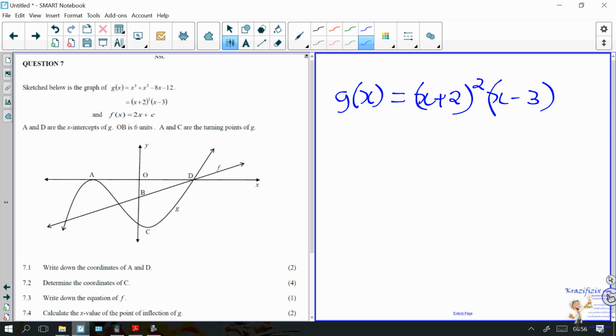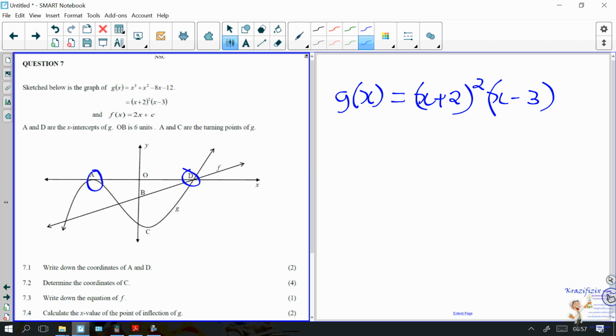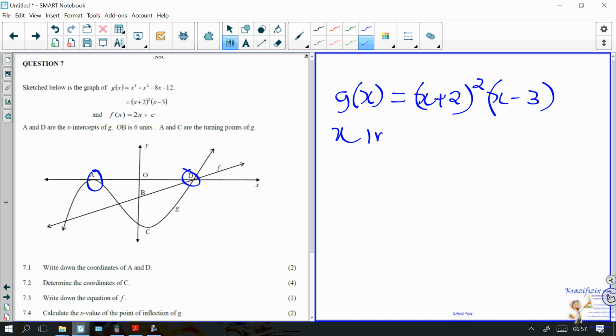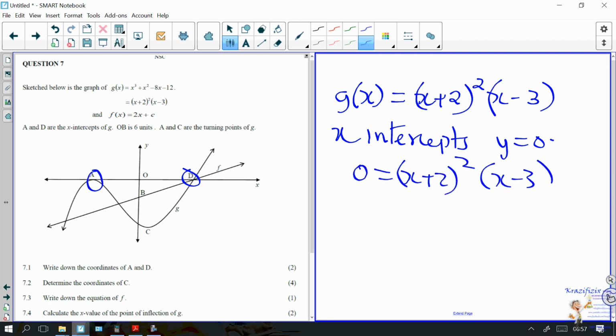Now do you notice A and D are x-intercepts? If I'm looking for x-intercepts, what do I say? My y value must be equal to 0. So 0 equals (x plus 2) squared (x minus 3). So it is either (x plus 2) squared equals 0 or x minus 3 equals 0.